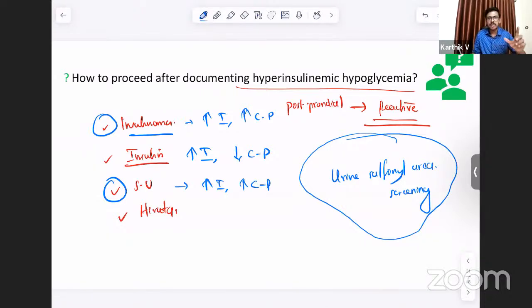By sending it for sulfonylurea screening, you can get both the first generation and the second generation sulfonylureas checked. If it is coming back as positive, then you can be sure that this is due to an oral hypoglycemic drug use. And regarding Hirata, I'll come into that. So insulinoma and sulfonylurea, this is how you are going to differentiate between them.